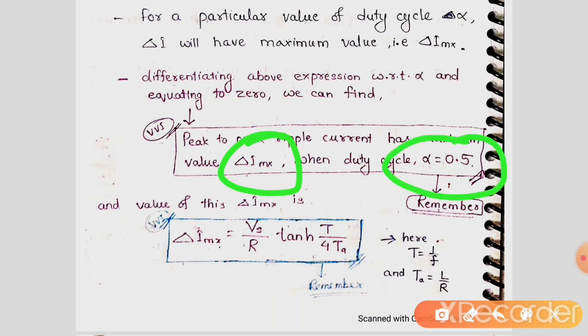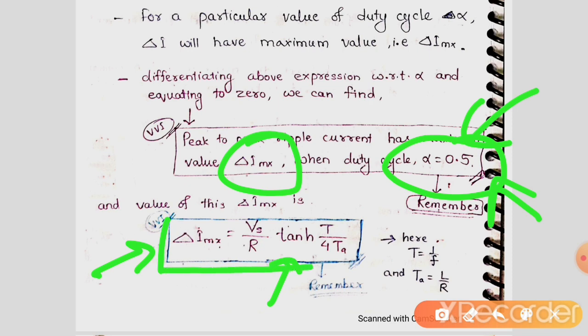In certain competitive exams this question is asked, the value of alpha is asked, and the value of this maximum ripple current is given by delta I max is Vs upon R tanh T upon 4 Ta. This is also a very important expression, and in competition direct questions are asked from this part.